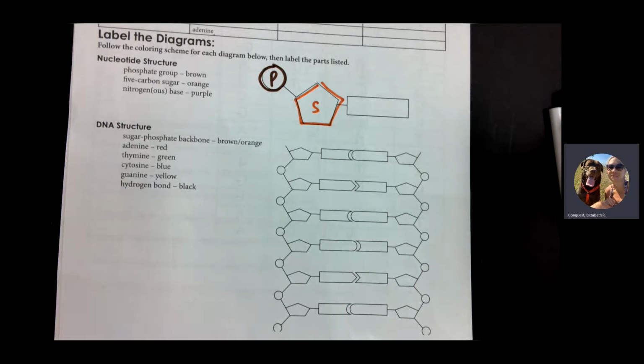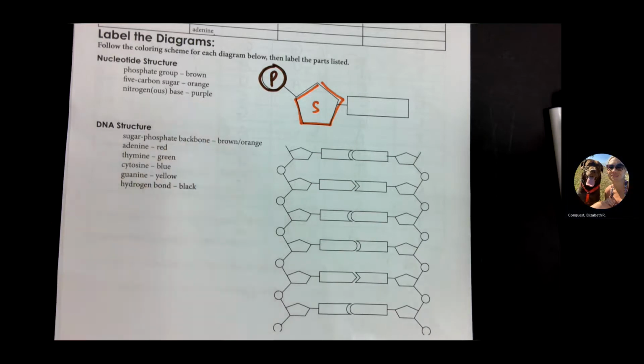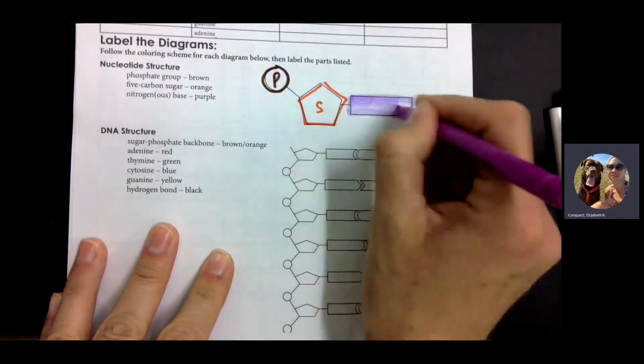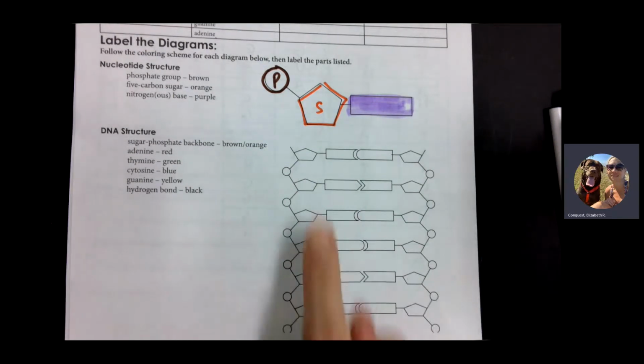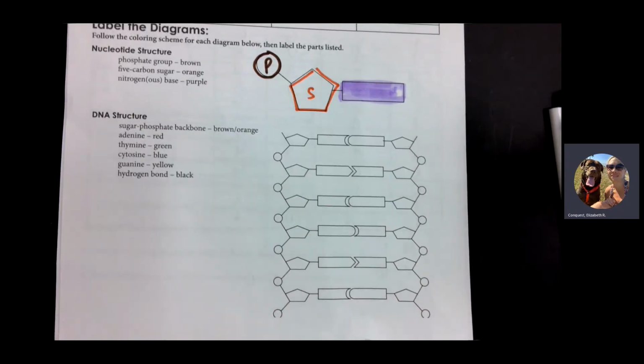And the base, the nitrogenous base, they say purple. I just have a purple highlighter here, so we'll do that. Okay, so that's one nucleotide. Remember the word nucleotide. And then here we have a bunch of nucleotides connected, which makes up DNA.